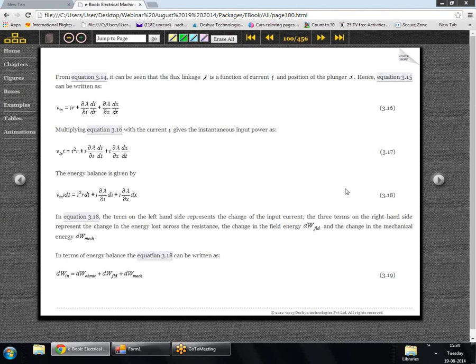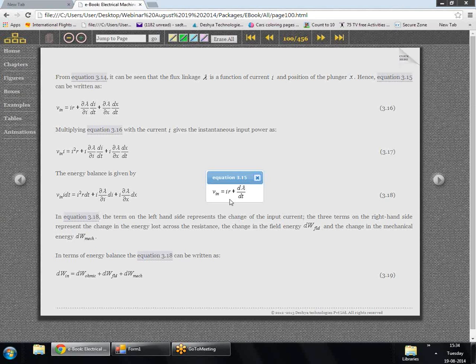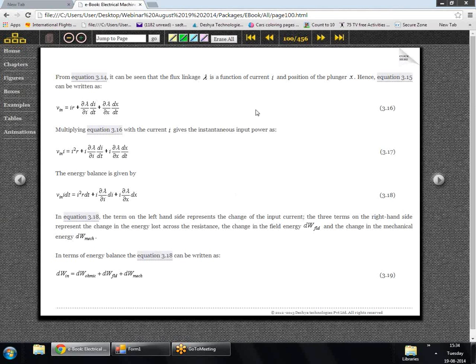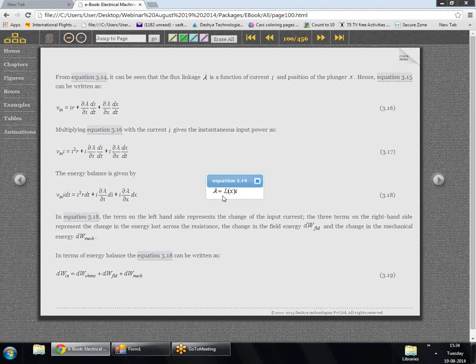Now we do the same analysis as we did in the previous case. To do that, we break down equation 3.15, which I have on the screen for you now, into two parts. If we see, our lambda is a function of position x and is also a function of current I, which was discussed in equation 3.14.